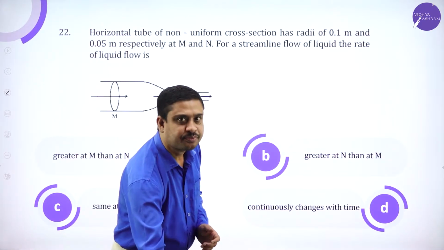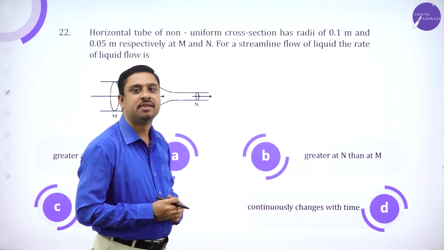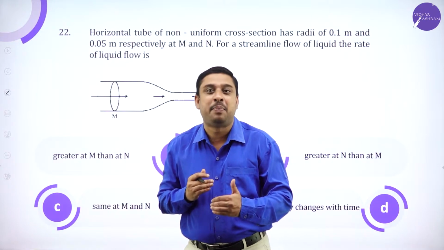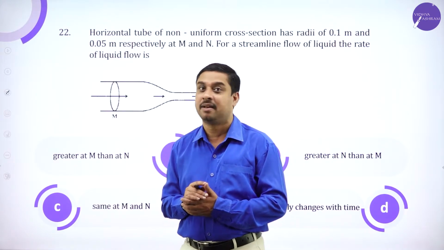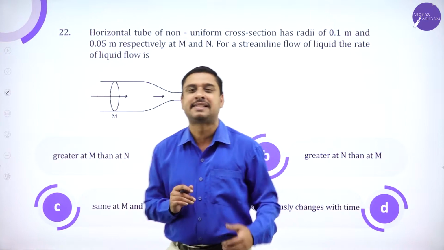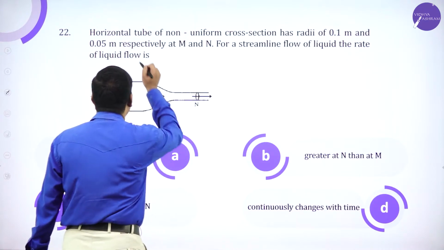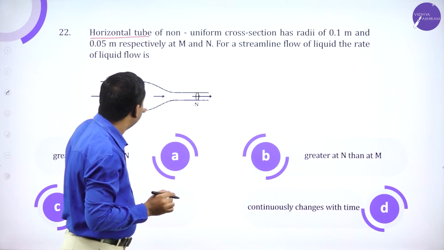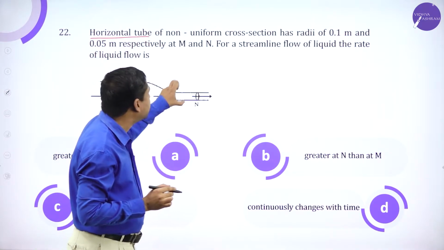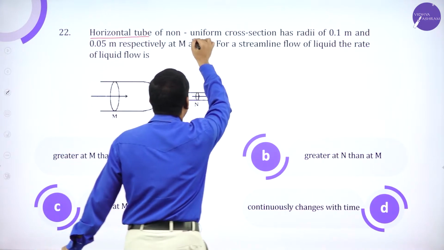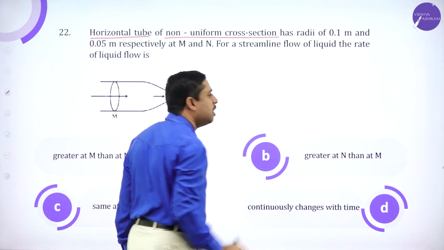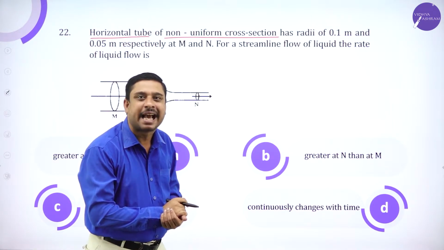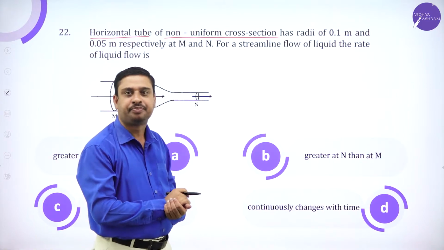Next one, fluid mechanics. Many a times you people don't pick up intensely with this chapter, but might cost. They are all simple questions. Horizontal tube. A horizontal tube which has non-uniform cross-sectional area.